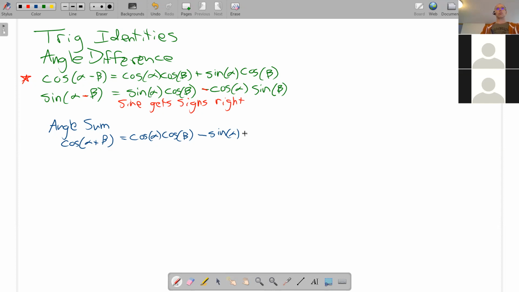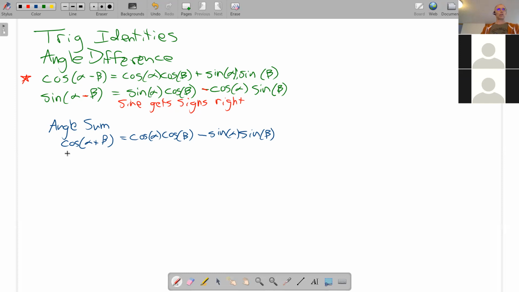Oh, I have an error in my formula up above. Should be cosine, cosine, sine, sine up here. Eraser. So that right there should be a sine. Cosine, cosine, sine, sine. Cosine, sine, cosine, cosine, sine. Yep, there we go. That's the right way.